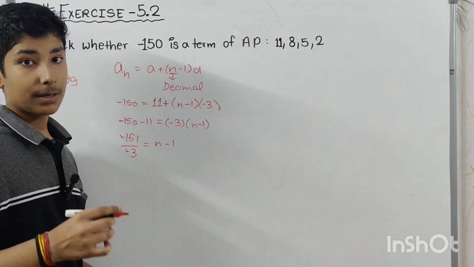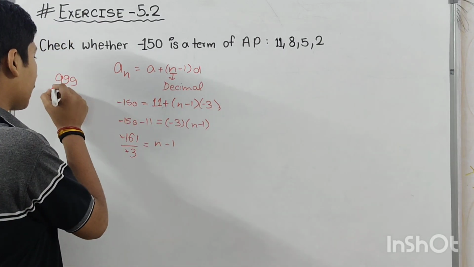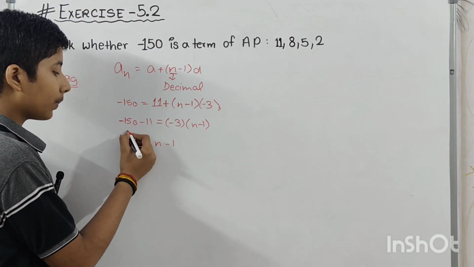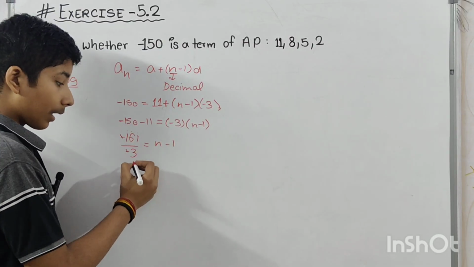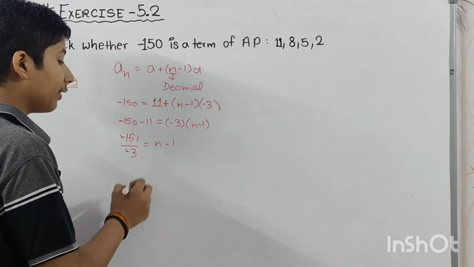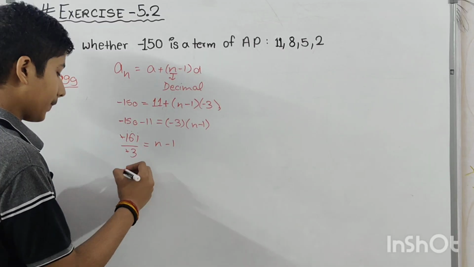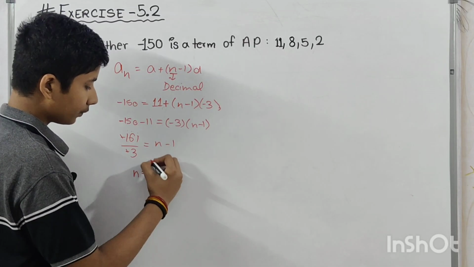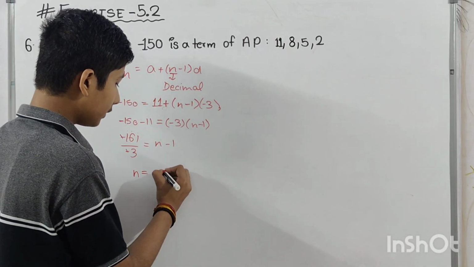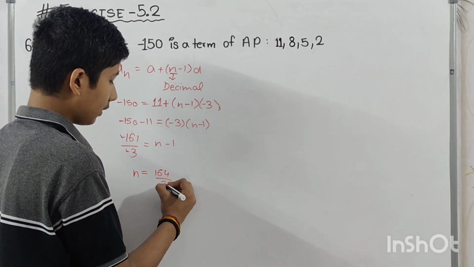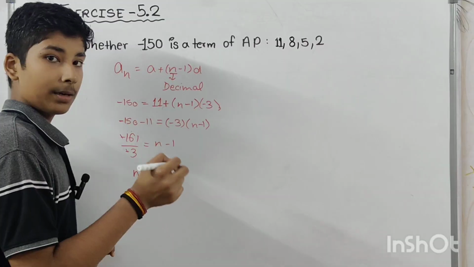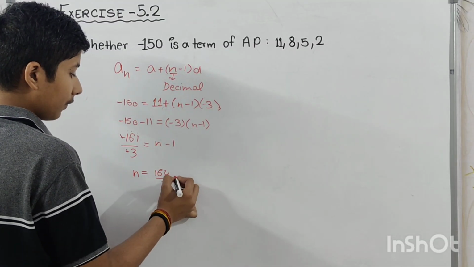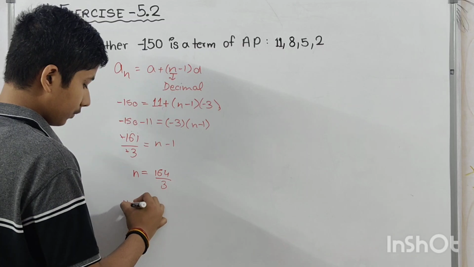So yes, 9 is divisible by 3, which means 999 will also be divisible by 3. If we check in this, 6 plus 1 is 8, which means it is not fully divisible by 3. So we can say n equals 164 upon 3, when we send it that side and 1 gets added. So we'll say no.